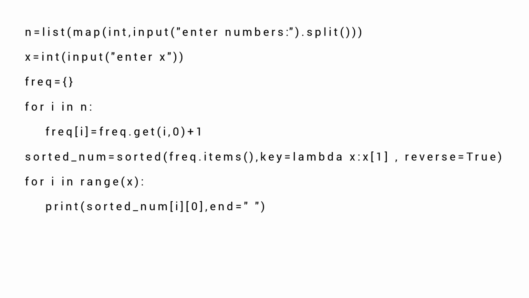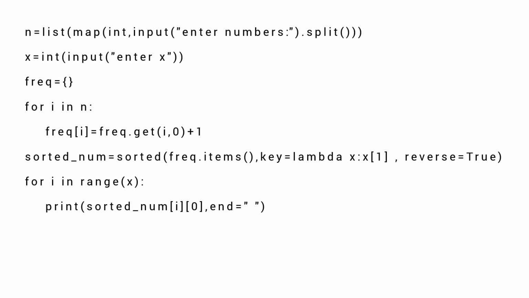Then I created an empty dictionary, or call it a hash map also, to count the frequency of each number. I created the empty dictionary with the variable name freq. And I used a for loop here, for i in n.